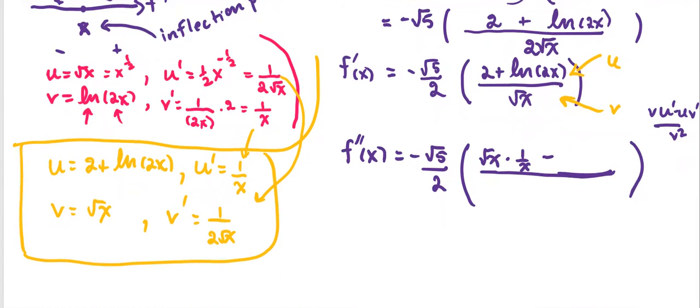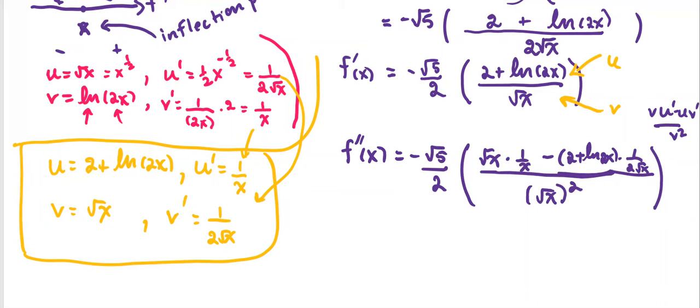The u, which is the quantity 2 plus natural log 2x, multiplied by the v prime, which is 1 over 2 square root x, divided by the v squared. The v is square root x and then squared.